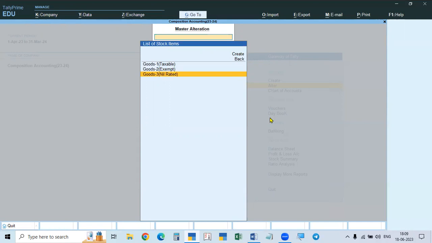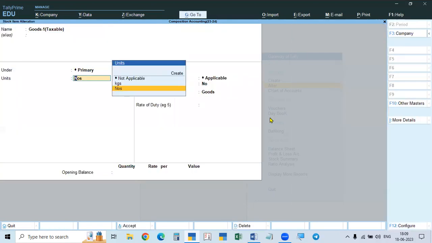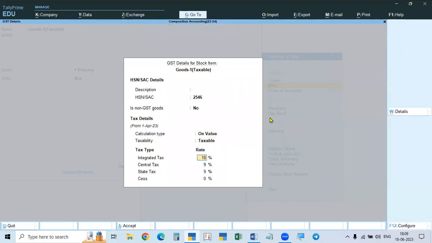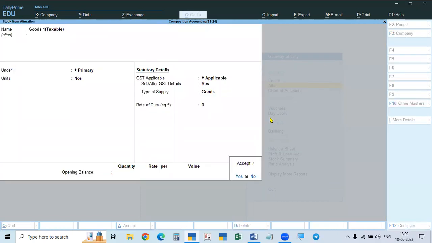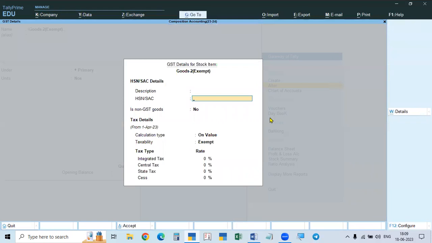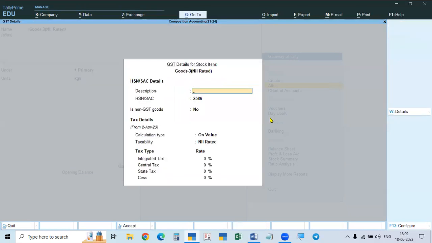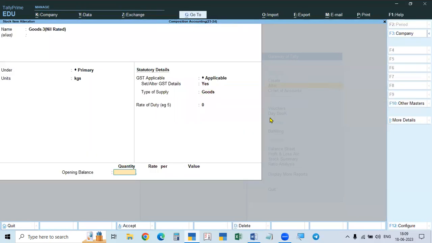So like this, I created. You see, taxable, here the number, then applicable, yes, and the rate, and goods. Then exempt, everything will be the same, applicable, yes, here will give the number, and here exempt. So exempt has no tax rate. Then nil rated, the same, units, applicable, yes, you will give the number, and give nil rated, that also will have no tax.